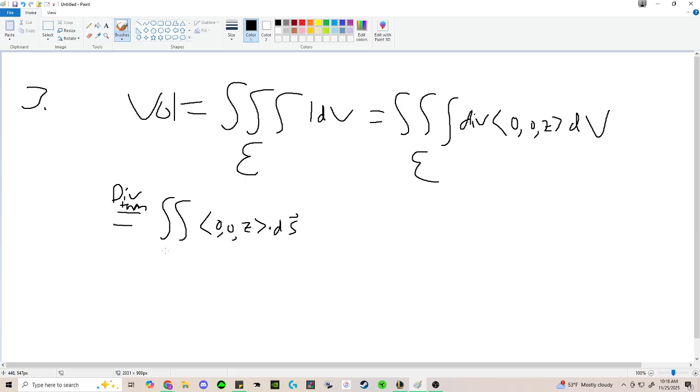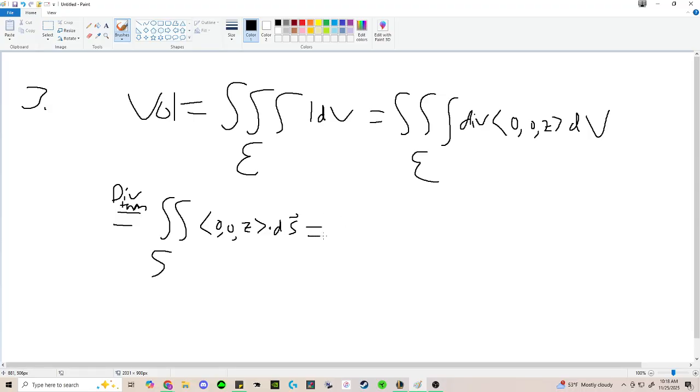Do we have a name for our surface? We'll call it S. But they've already parameterized it for us. It's not a big deal.